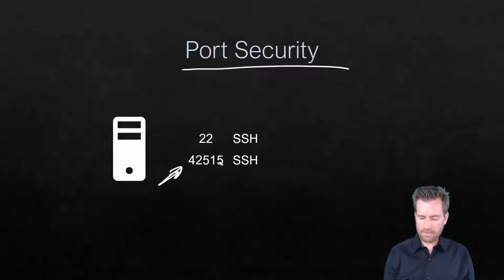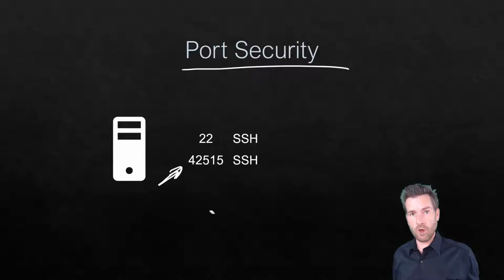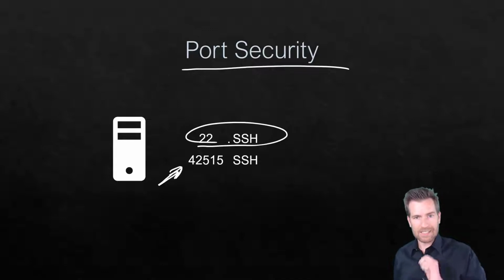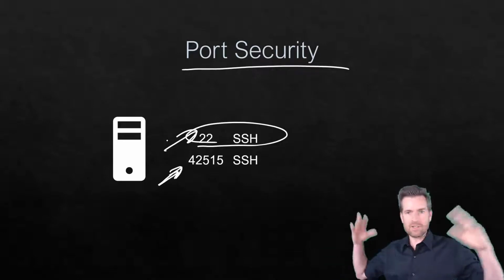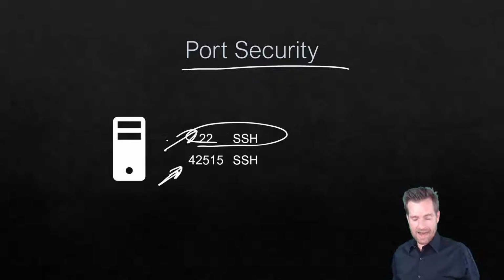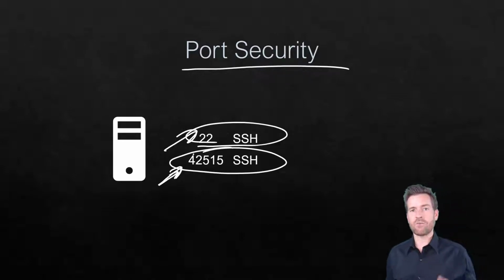A lot of things will just do automatic scanning and look for the low-hanging fruit. They're just trying to hit port 22 or some of the common ports on boxes to see if that's open, and if it's not, they go on to the next one. So in that scenario, your box is not going to be hit as much if you turn it to a non-standard port.